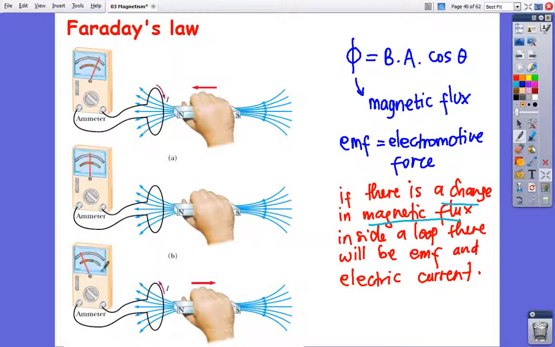That is opposite to the first condition. In the first condition, the bar magnet moves toward the loop. In the third condition, the bar magnet moves away from the loop. The current created is opposite. So that is the basic concept of Faraday's law. If there is a change in magnetic flux inside the loop, there will be EMF and electric current.